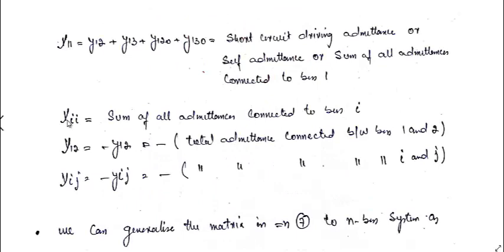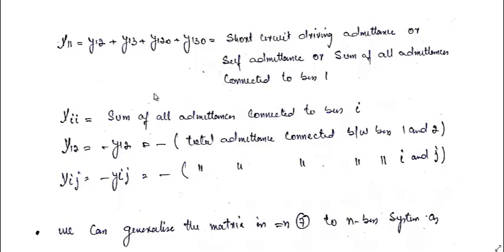You can see it from this definition. When shunt elements are added, they come into the sum of all admittances connected to the ith bus, and these are the diagonal elements. You will not see them in the mutual admittances, which are the off-diagonal elements of the Ybus. They will not be affected.